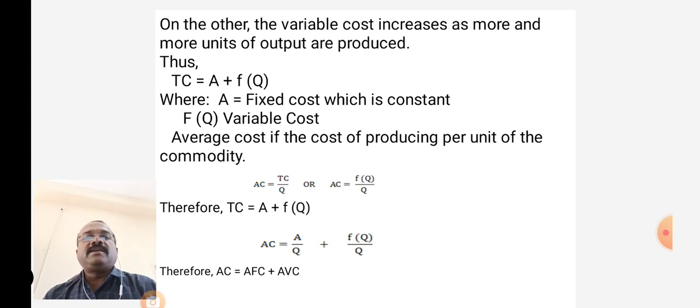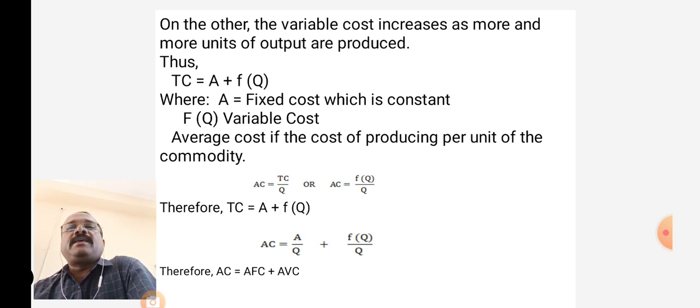So TC is always equal to A plus f of Q. This is how the average cost and the total cost are calculated.